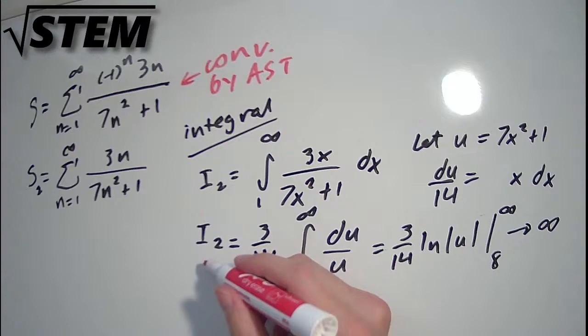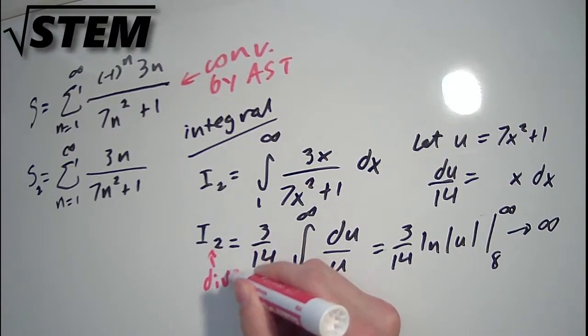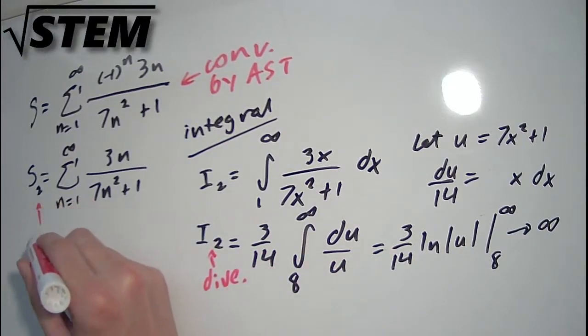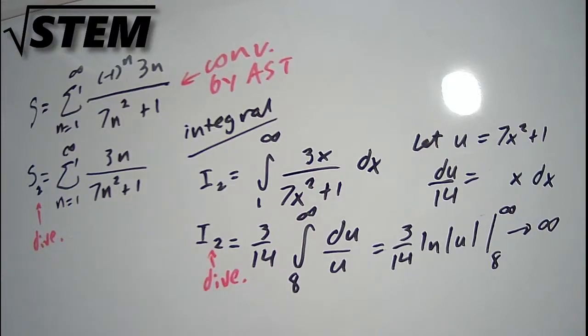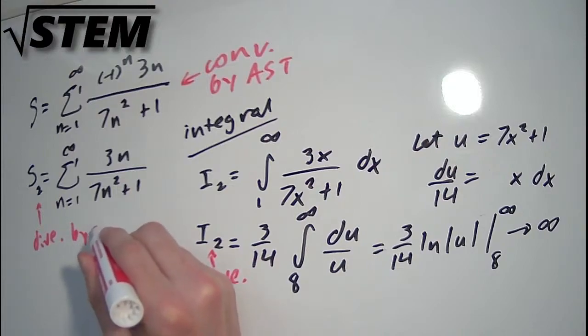So that means this diverges, so the sum of the absolute value of the terms diverges by the integral test.